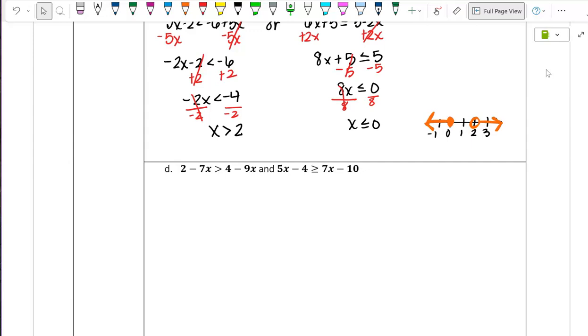And then D, 2 minus 7x is greater than 4 minus 9x, and 5x minus 4 is greater than or equal to 7x minus 10. So again, we have two inequalities to solve.